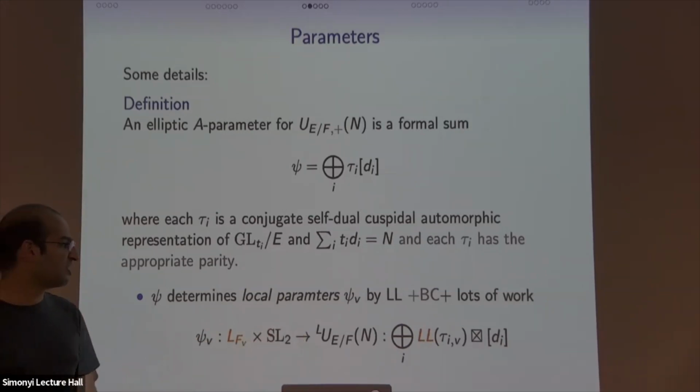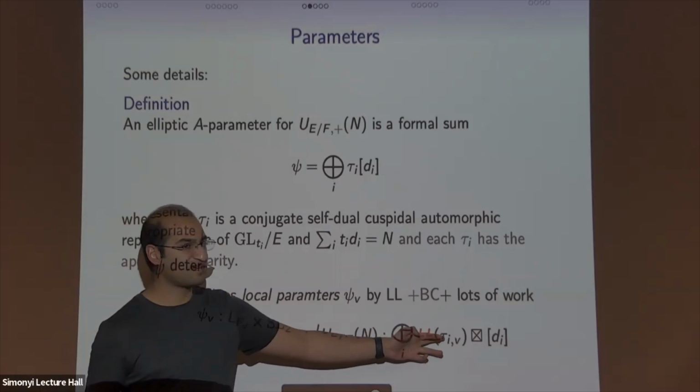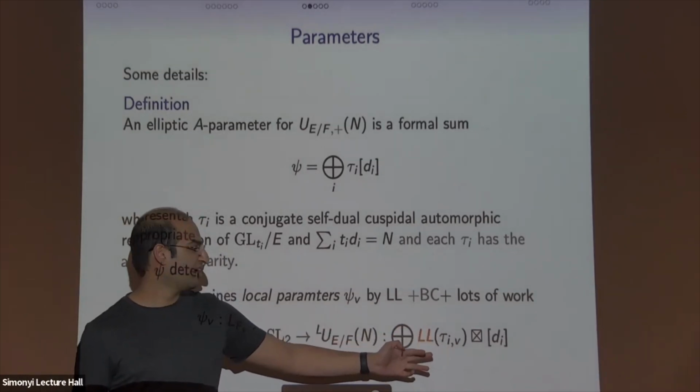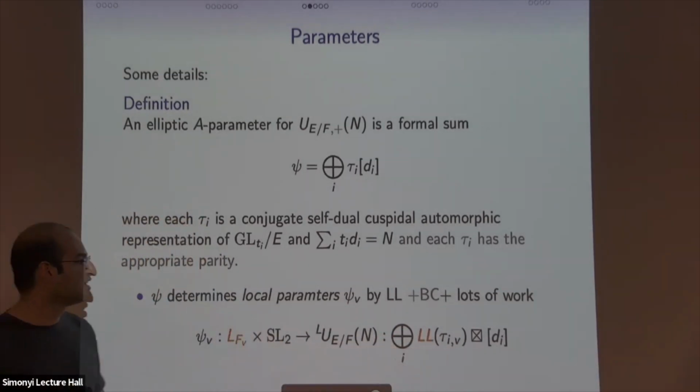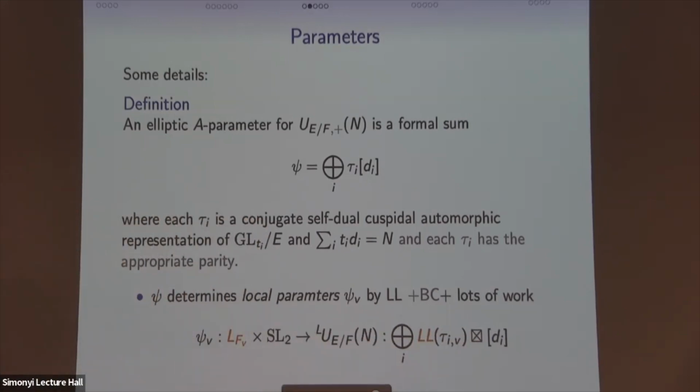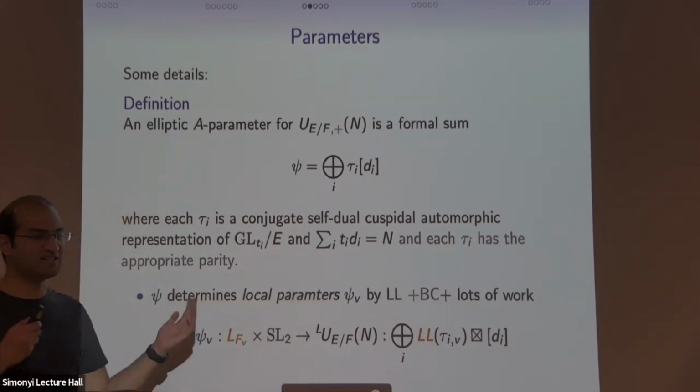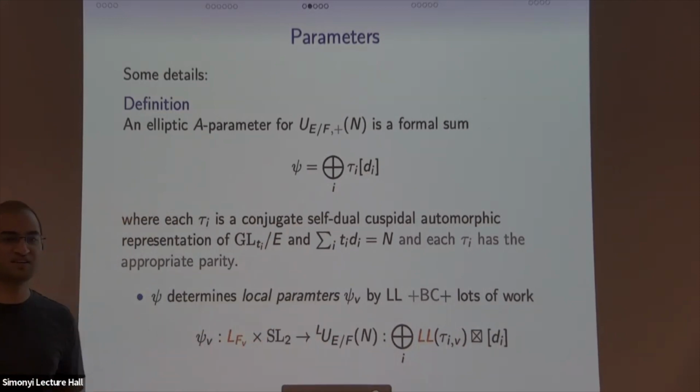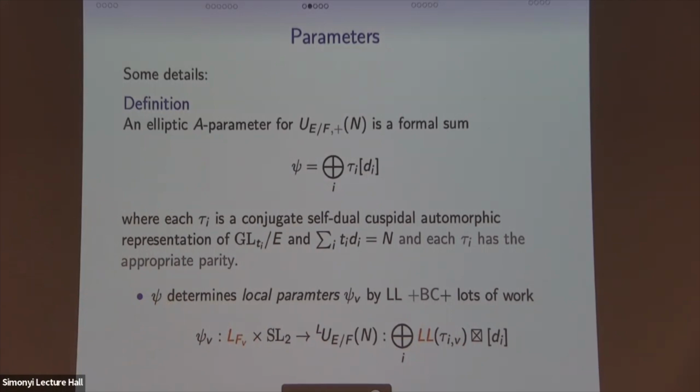What it is, we apply local Langlands to each of these cuspidal parts, and then we tensor with the d_i-dimensional representation of SL2. So these d_i's are intuitively a d_i-dimensional representation of SL2. So this is a very brief, quick description of what a parameter is.